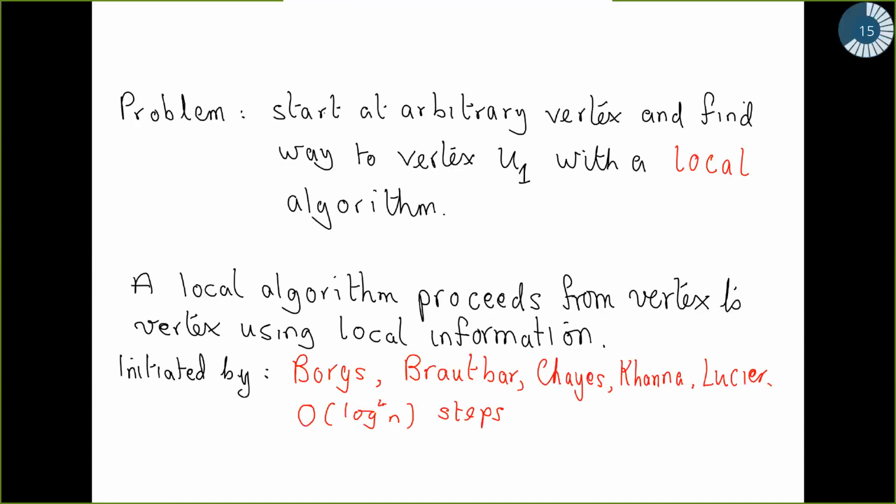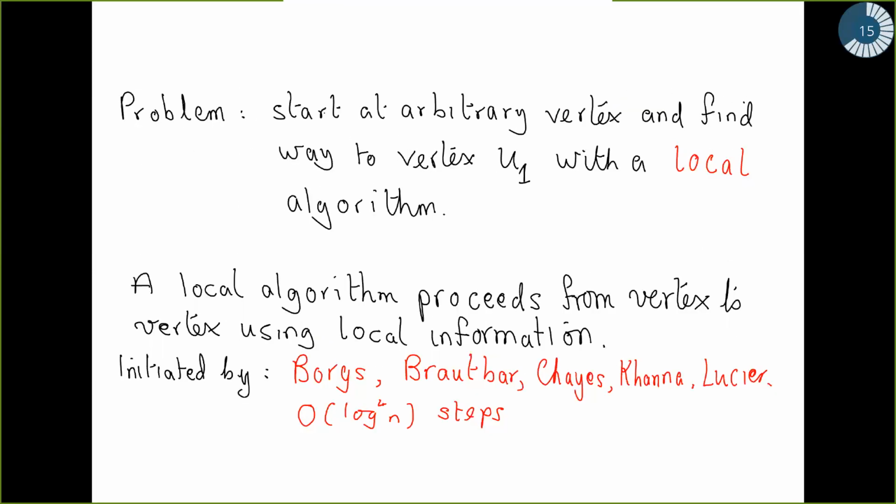There was an algorithm by Borg and his colleagues that ran in log to the 4n steps. And what that algorithm had to do, you had to remember your complete history. Our algorithm is simpler, has less storage, and it's faster.